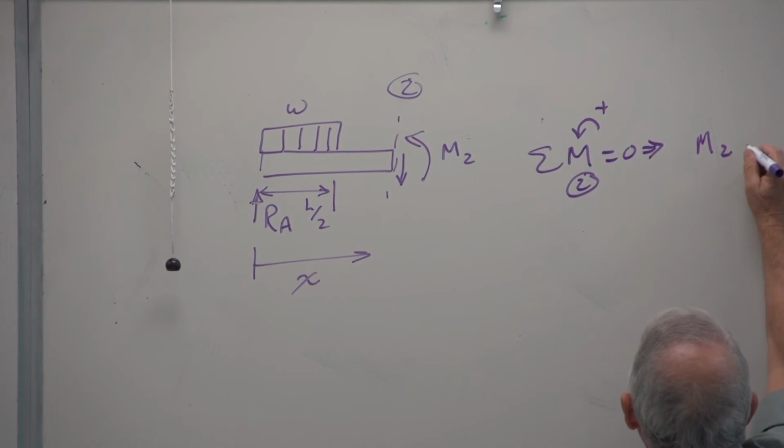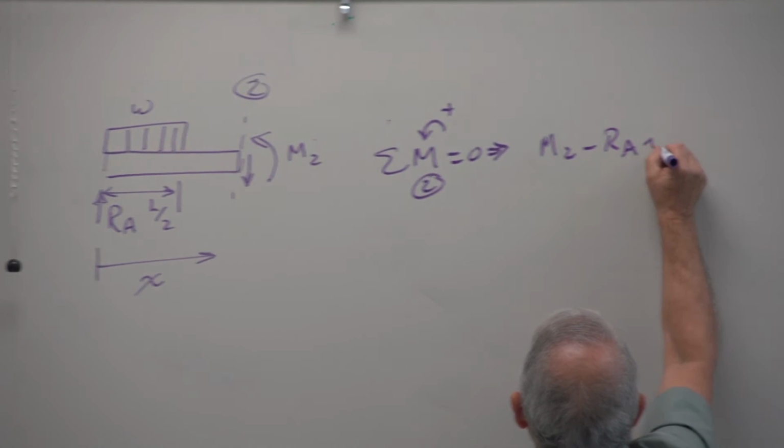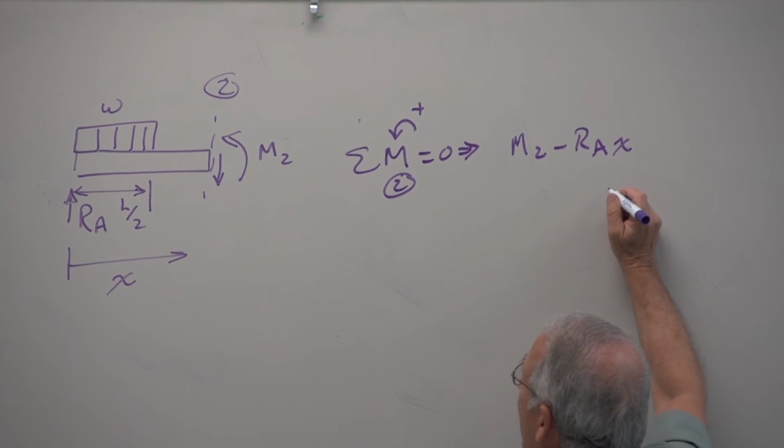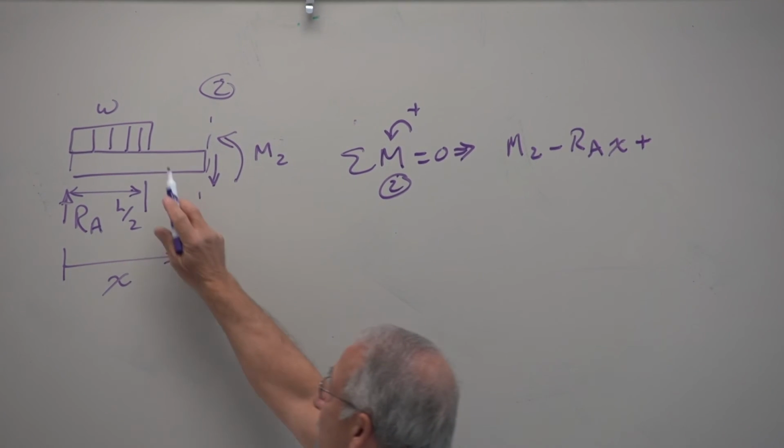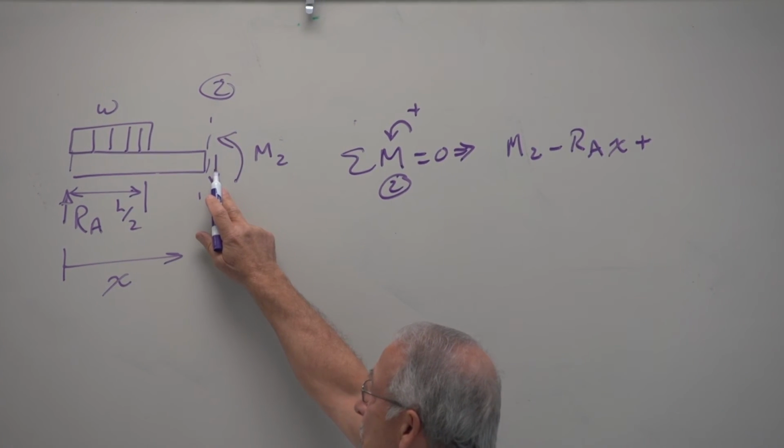M2 minus RAx plus the moment of the distributed load about this point.